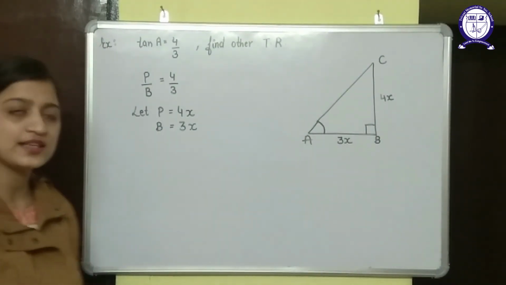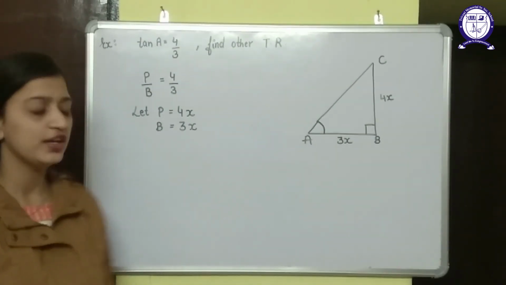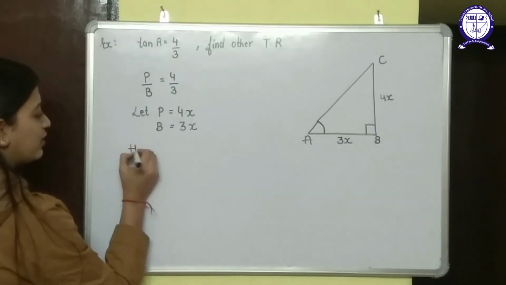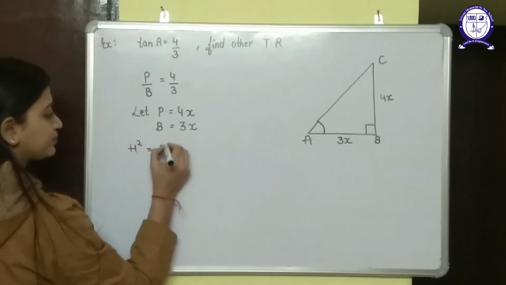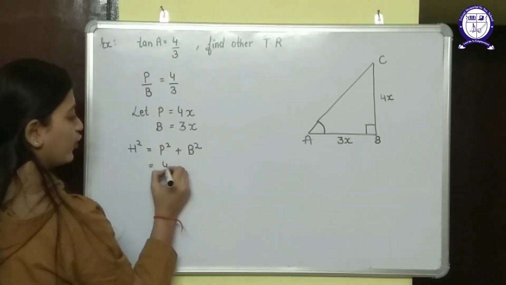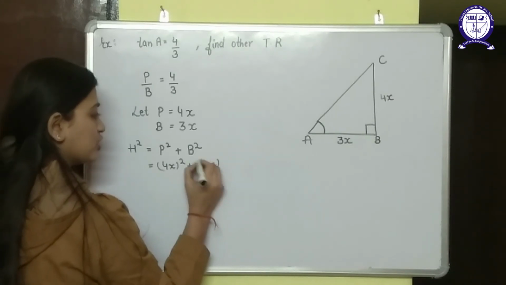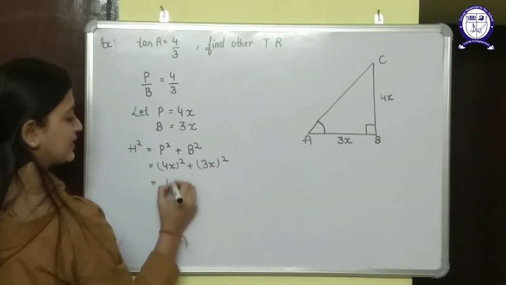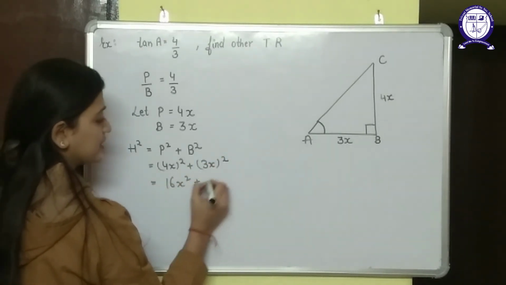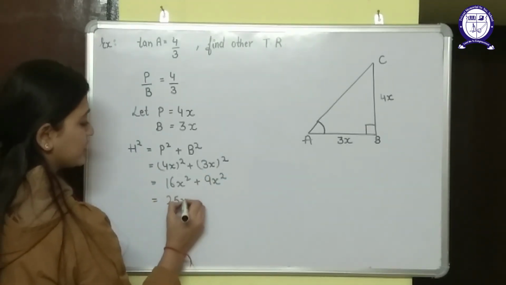Now the next step is to find the hypotenuse because I need to find the other ratios. For hypotenuse, I will apply Pythagoras theorem. P square plus B square. This is 4x square plus 3x square, 16x square plus 9x square. This is 25x square.